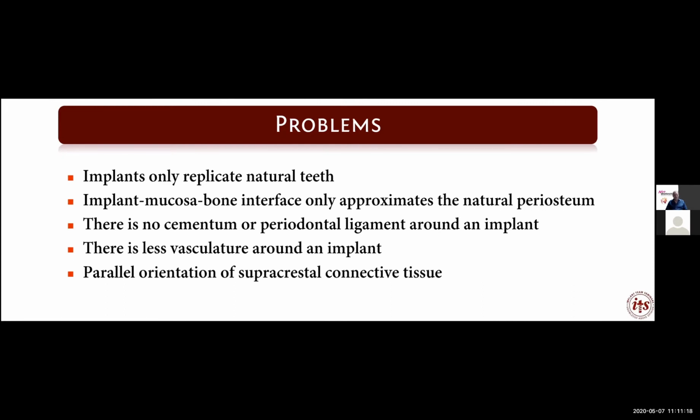The implant mucosa bone interface only approximates the natural periosteum. There is no cementum or periodontal ligament around an implant. There is less vasculature around the implant. And the supracrestal connective tissue does not insert into the implant. Instead, this attachment is circumferentially around the implant.